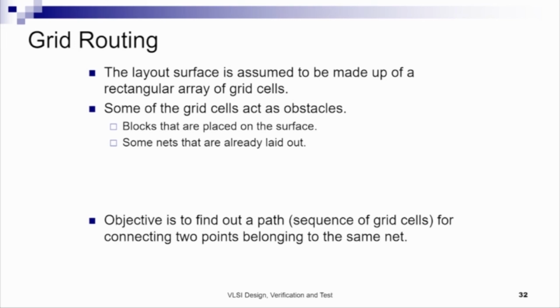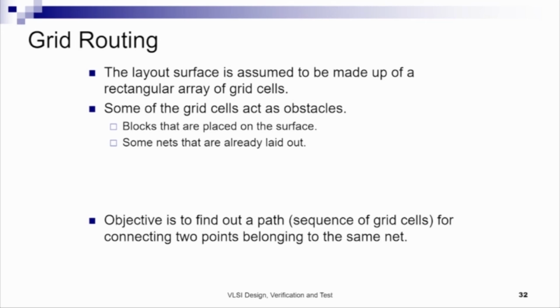So we will now understand a specific global routing strategy called grid routing. In grid routing, the layout surface is assumed to be made up of a rectangular array of grid cells. Some of these grid cells act as obstacles. What could the obstacles be? They could be blocks that are placed on the surface, or nets that are already laid out.